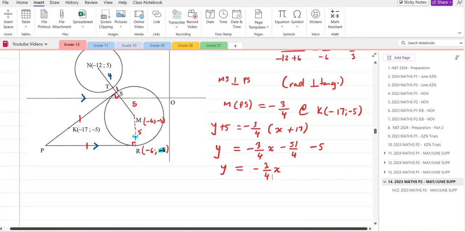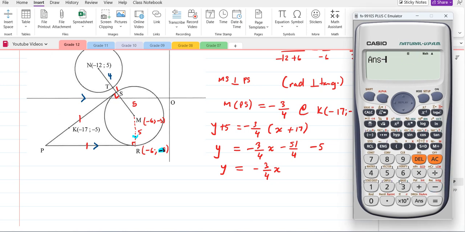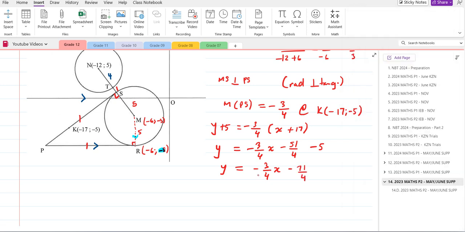Okay, so let's check on our calculator. We have negative 51 over 4, minus 5. Right, so I'm getting an answer of minus 71 over 4. Let me just write it as minus 71 over 4. That's better.